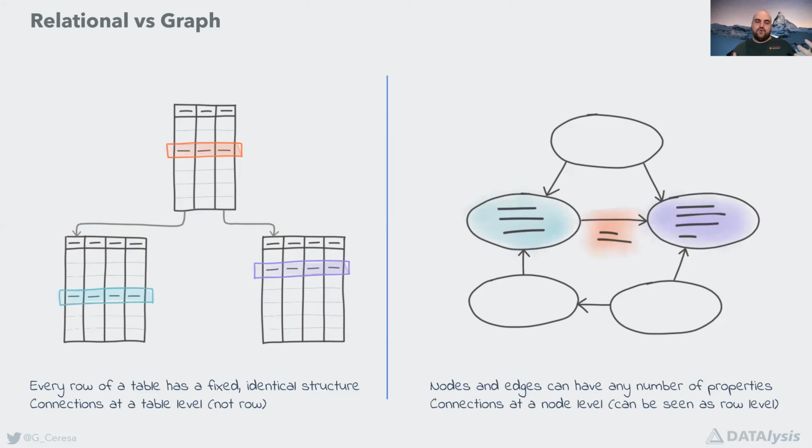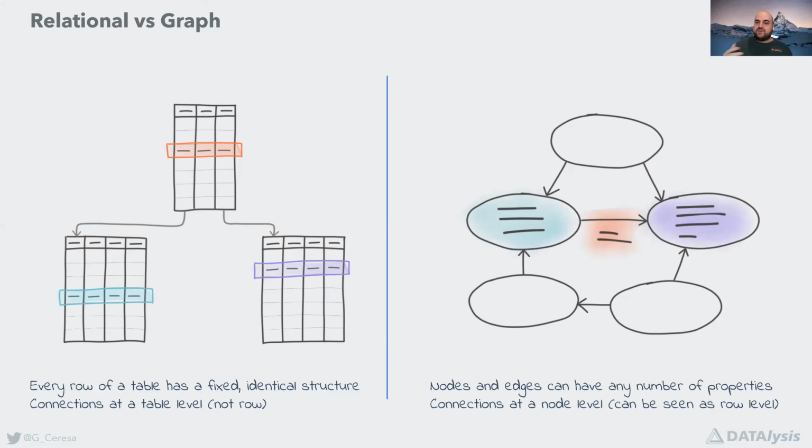So what is a row in a table on one side can become one node on the other side. And because the number of properties is dynamic, you don't have the constraint that every row of the same table has the same number of columns. Every single node has a totally independent and free number of properties.